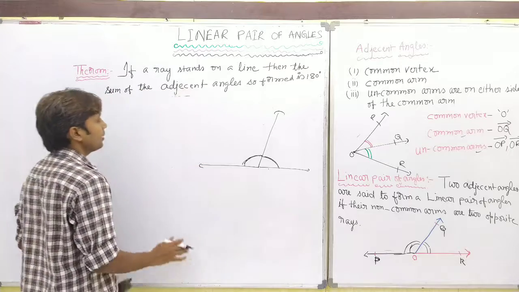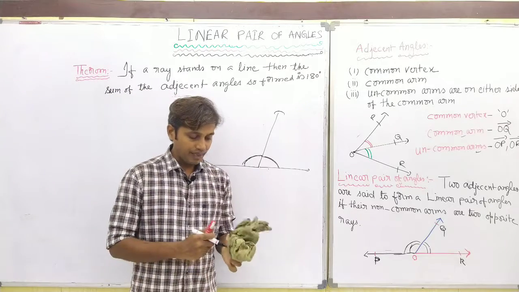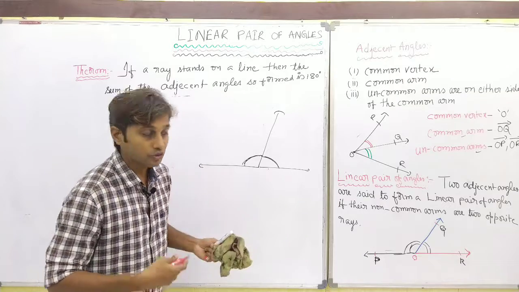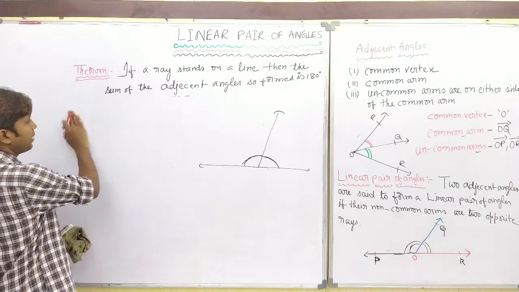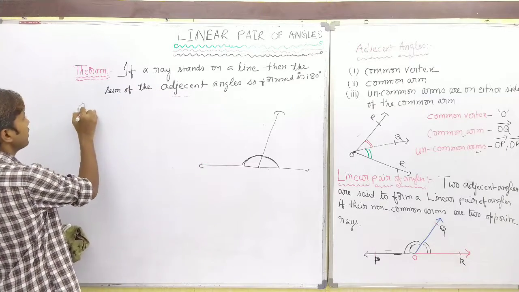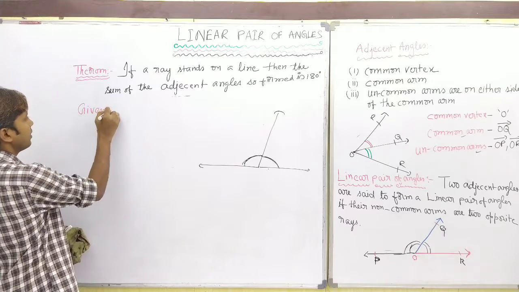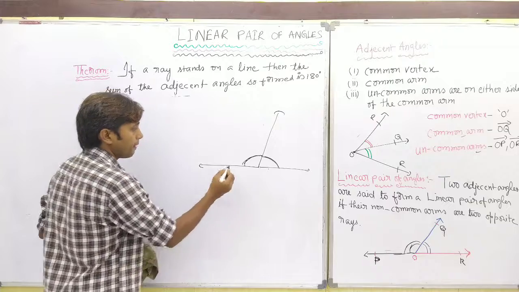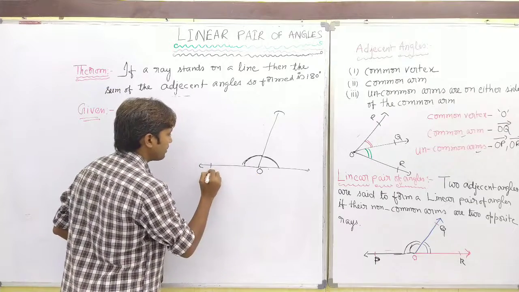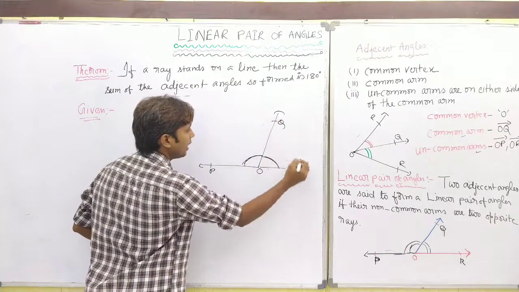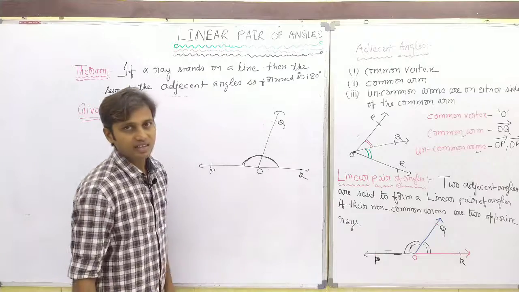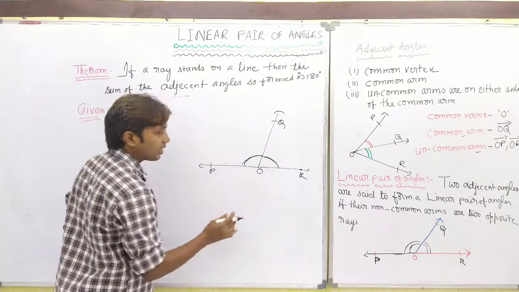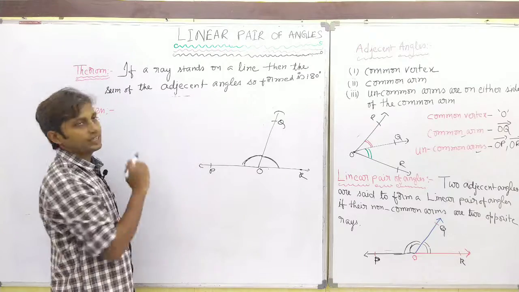Got it? So now, for this we have to write the theorem part, and this is a proof, and for proving that result, let us do some steps. Now, what is the given part for that? Let this be O, this be P, this be some Q, and this is some point R on the rays. Now tell me, here OP and OR are oppositely directed. That was given in the theorem.